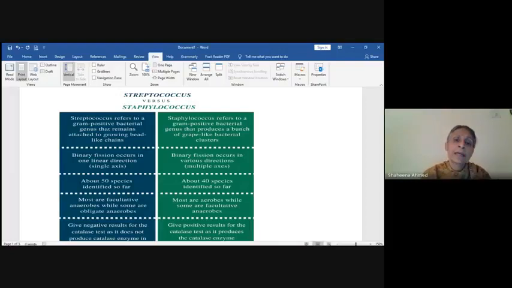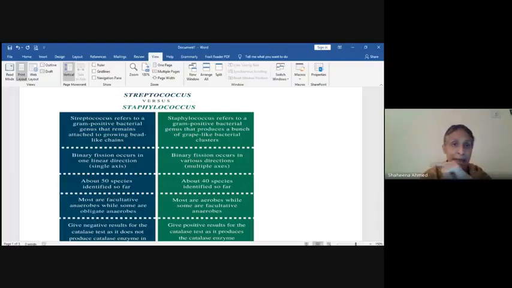Now, why is that? The thing is, staphylococci, their cell division is multi-axial. That means they can divide in any axis. They can divide vertically, or horizontally, or in any diagonal plane. But the cell division of streptococcus is uniaxial.